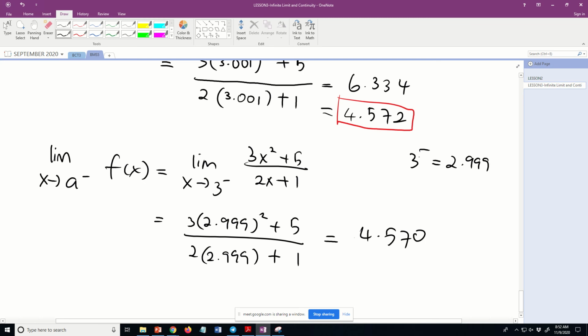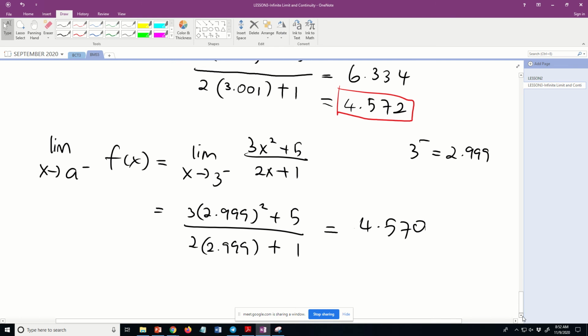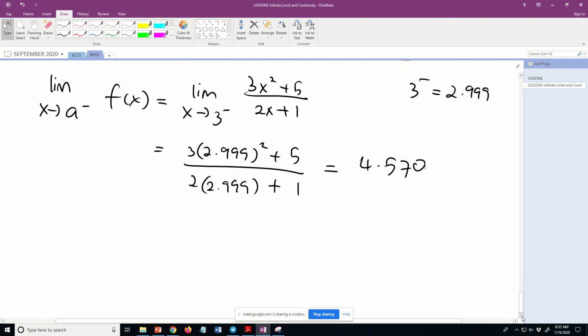What is our conclusion based on this? Yes, correct. So it means the limit exists. So what I'm going to do here is limit of the function (3x squared plus 5) over (2x plus 1) is exist.